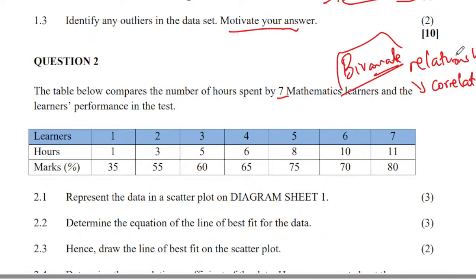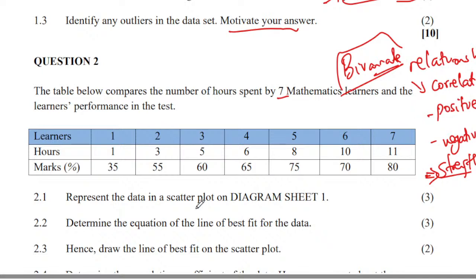Remember, under correlation we have different types: the positive correlation and the negative correlation. Under this, we also need to deal with the strength. If the relationship is strong enough, under what values of R, because R represents the value of the correlation, or the correlation coefficient.